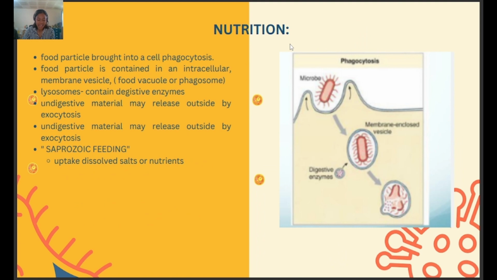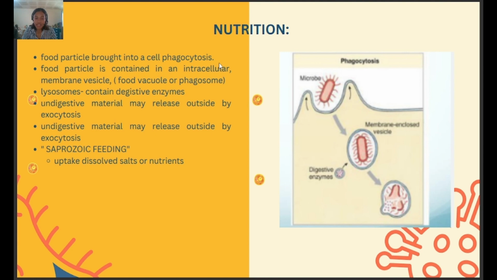Another category is nutrient acquisition, where food particles in eukaryotes are brought into a cell by phagocytosis. This nutrition is derived through the cytosome.